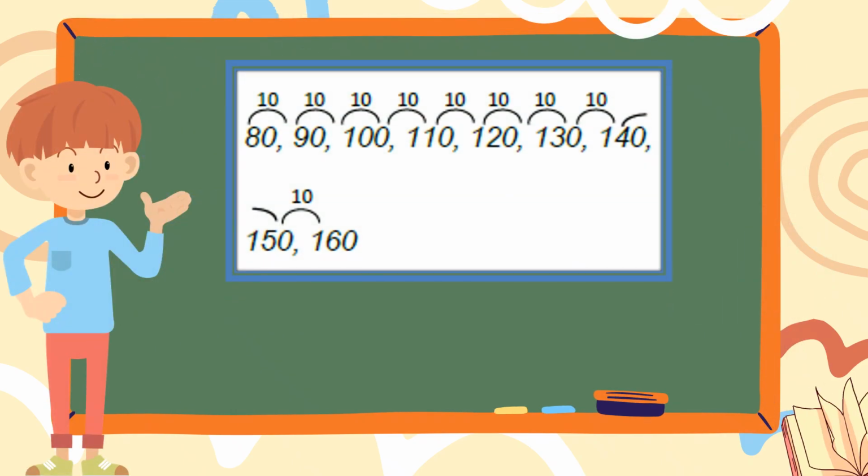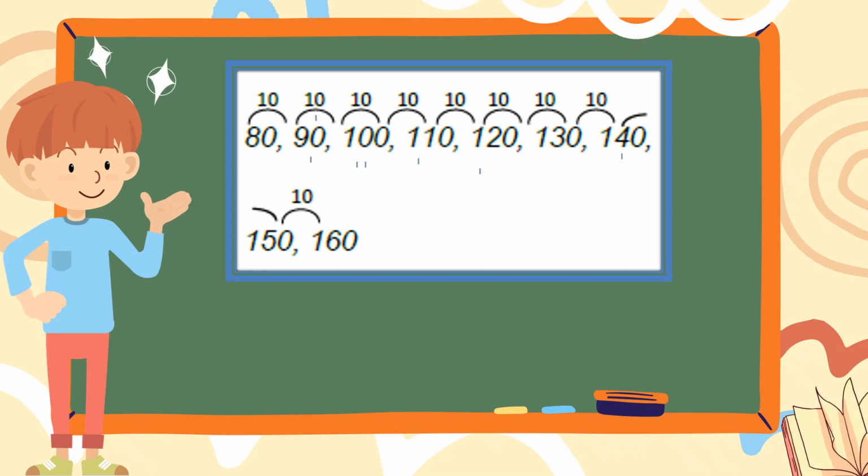Look at this. We will start with 80 by tens, right? 80 is one pad of paper. So if we add 10, 80 plus 10 is 90. 90 plus 10 is 100. 100 plus 10 is 110. 110 plus 10 is 120. 120 plus 10 is 130. 130 plus 10 is 140. 140 plus 10 is 150.